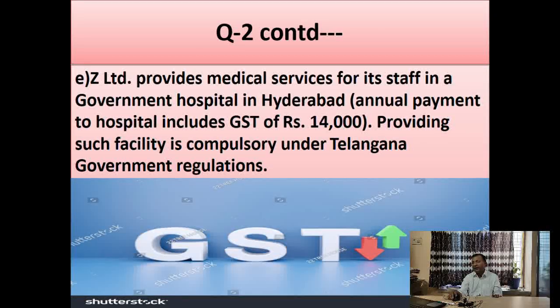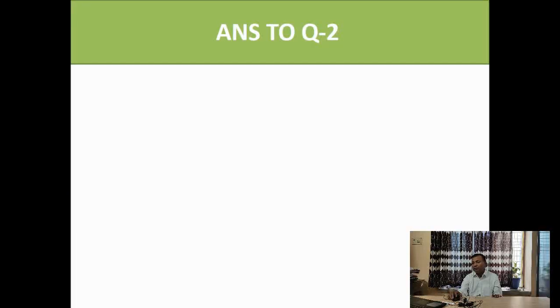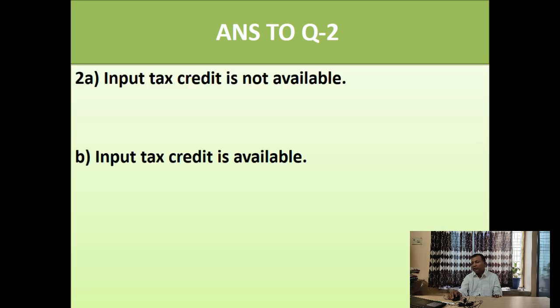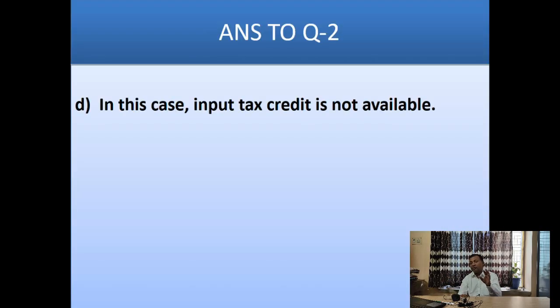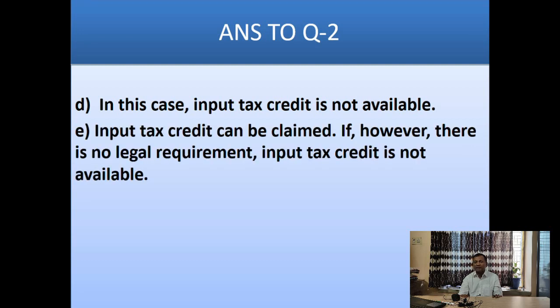A, input tax credit is not available; B, input tax credit is available; C, input tax credit is available; and the other one, input tax credit is not available. Input tax credit can be claimed, however there is no legal requirement, so input tax credit is not available. So wherever legal requirement is there, there is some sort of legal compulsion, in that case ITC can be availed.